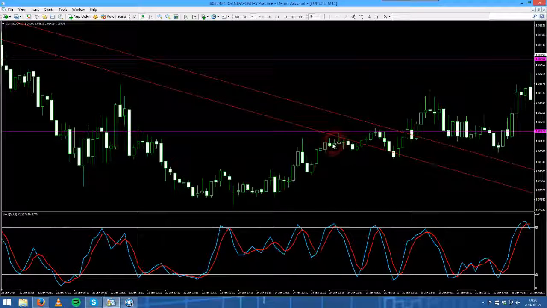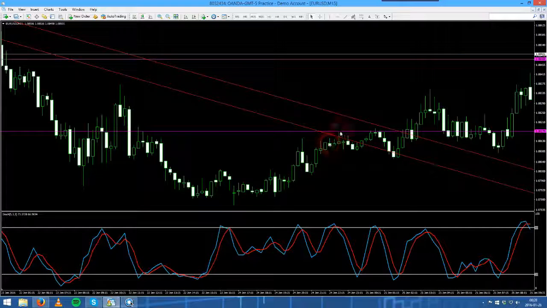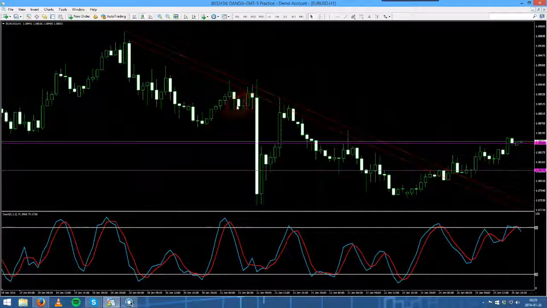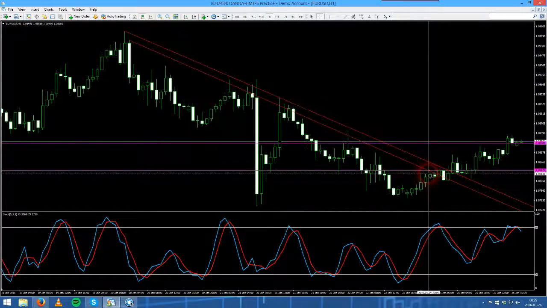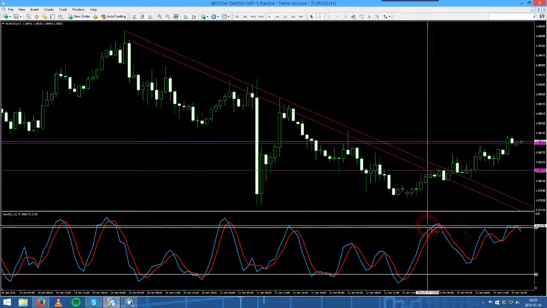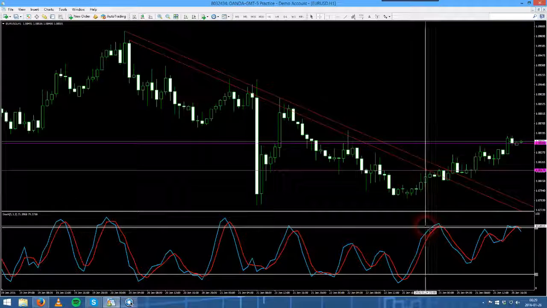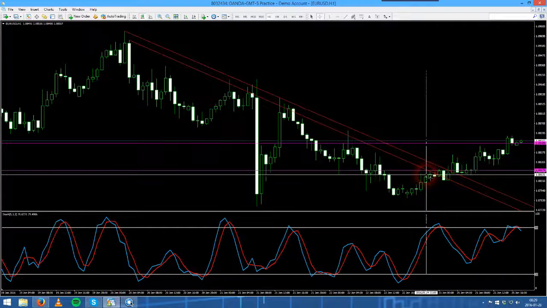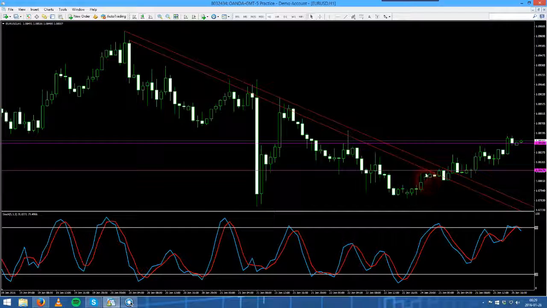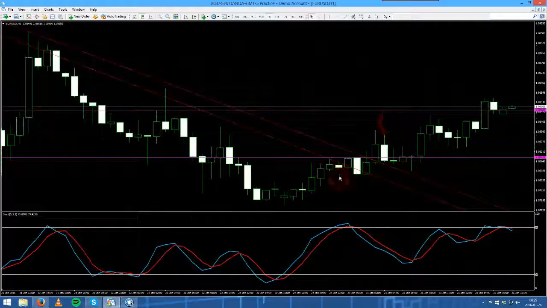So in this case, when you were waiting, you would know that when price comes up as close as possible to this line, you would enter your trade in agreement with the stochastic. So you would look for the stochastic to be overbought before you would enter, and you would see that yes, the stochastic is getting overbought already before reaching the line.